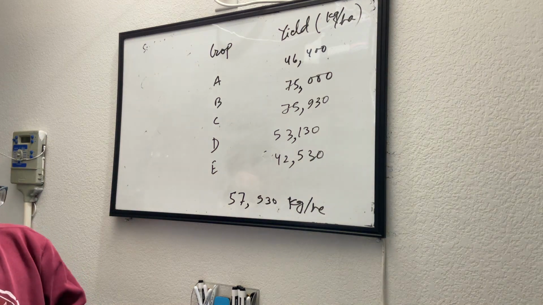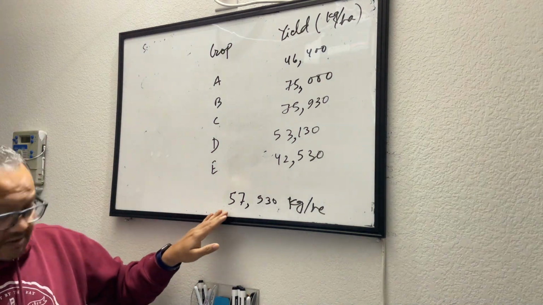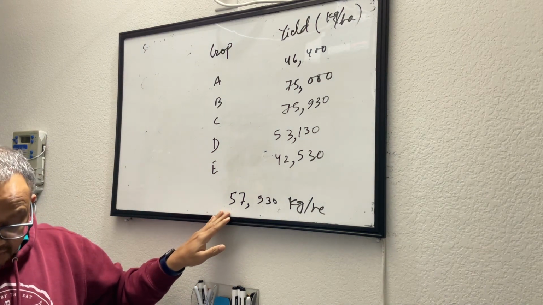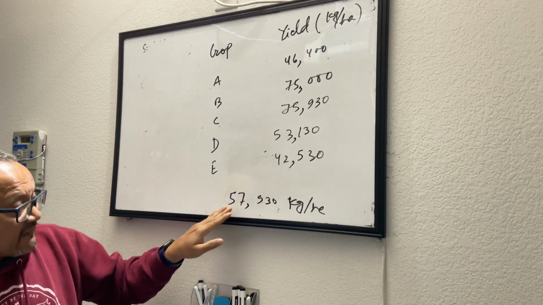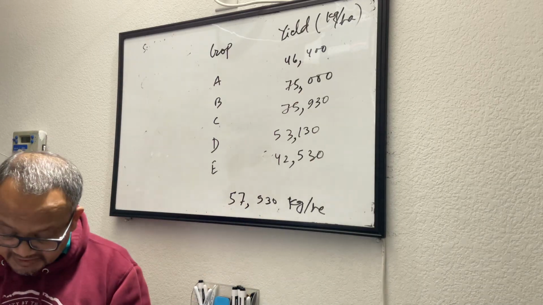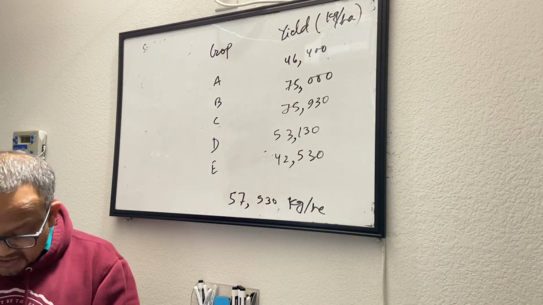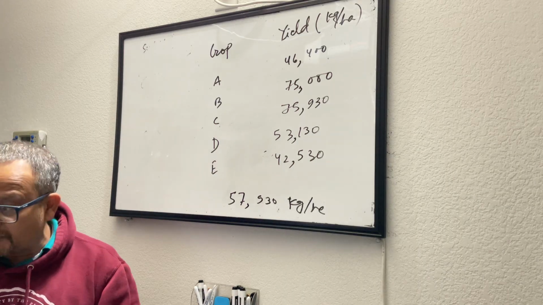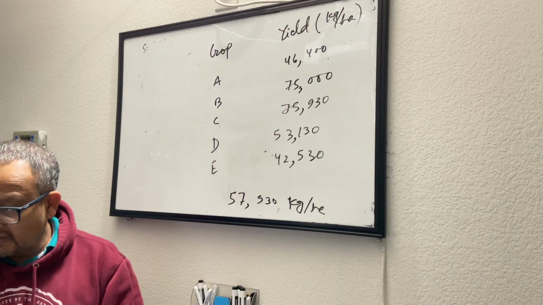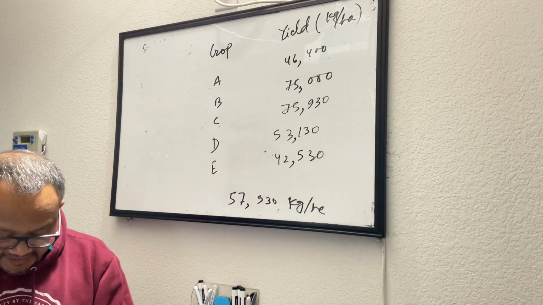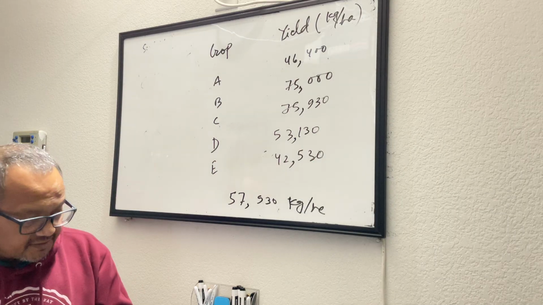If the farmer tried a new crop or new variety with 57,930 kilograms per hectare, how would it affect the median and mean of the crop yield? That's the question. And then you have a few options.